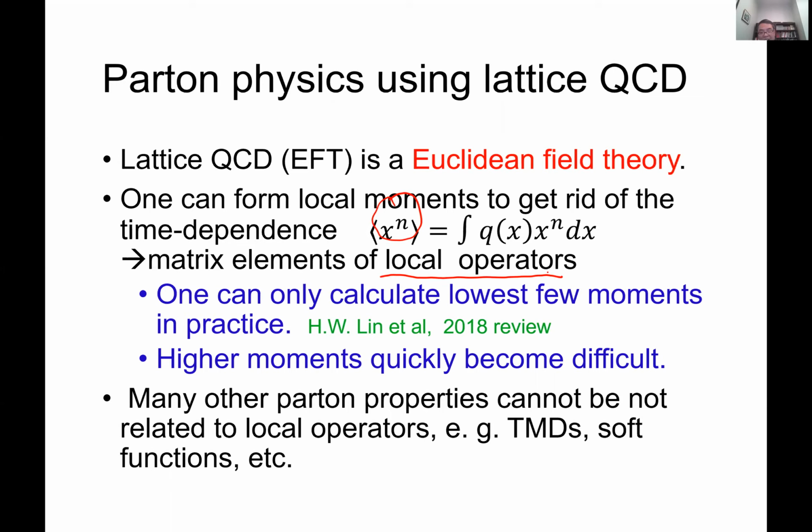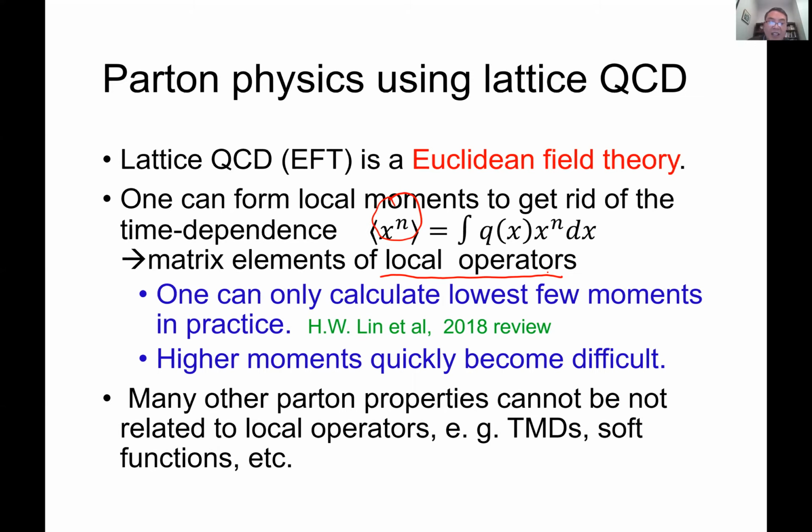For example, the transverse momentum dependent distributions, soft functions, some kinds of beam functions. You can never form the moments and collapse the Lightcone into moments. And so in this case, the lattice becomes powerless because you don't have a local operator to work with.